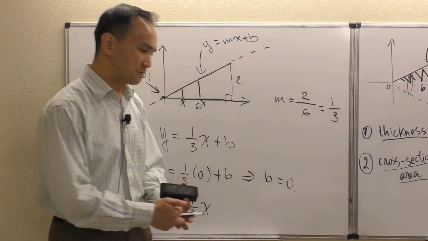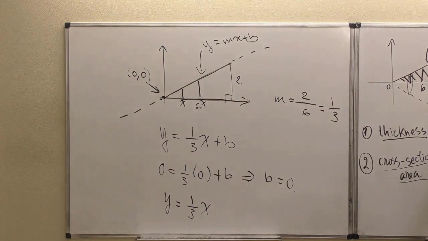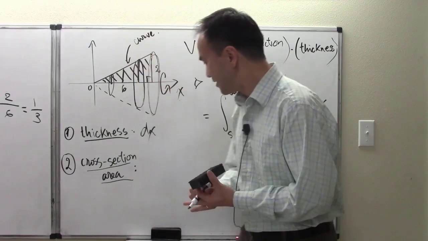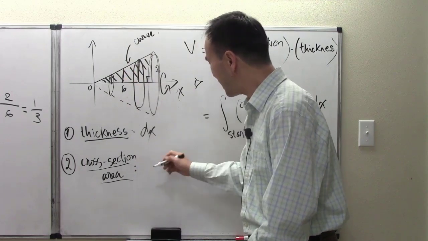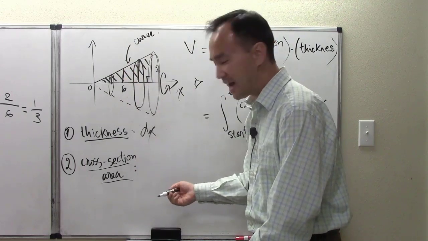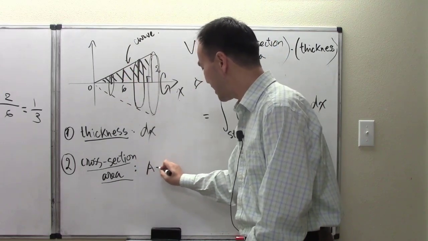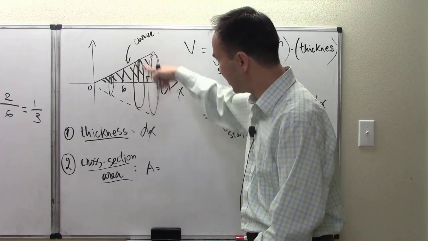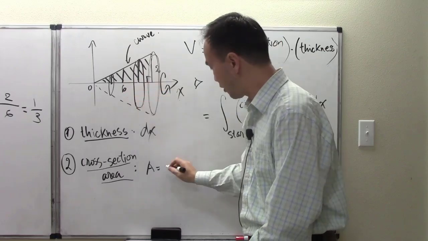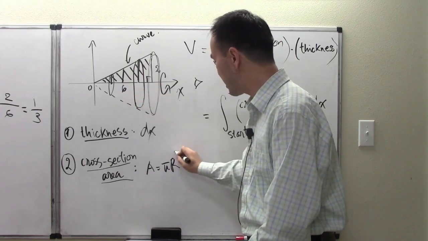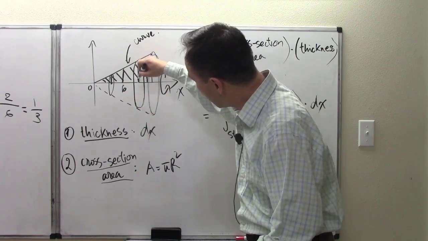But now on my other board, the cross section, each stripe here, is found by that function 1/3 x. And here's the thing: the area of any circular disk or any circle is always pi r squared.